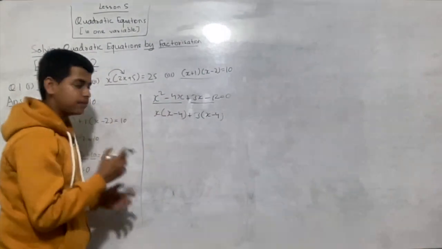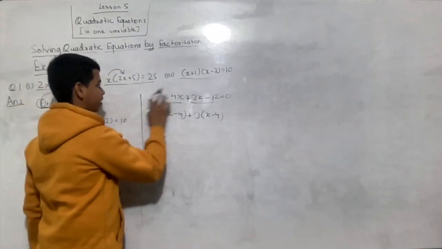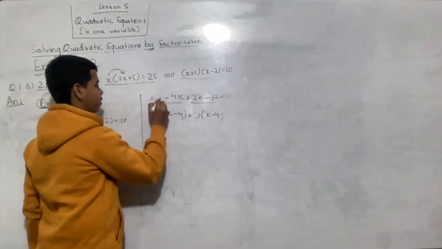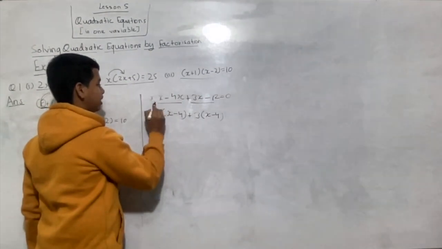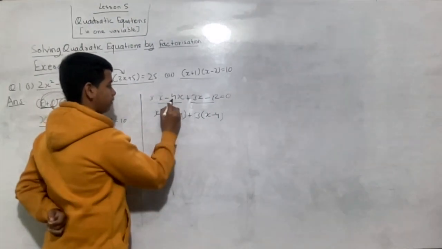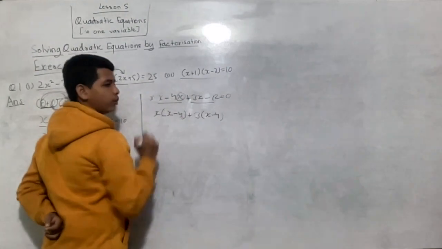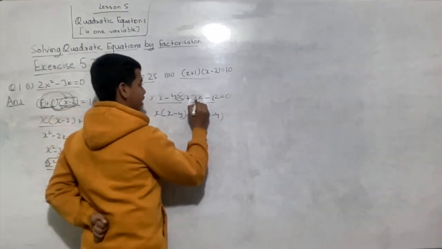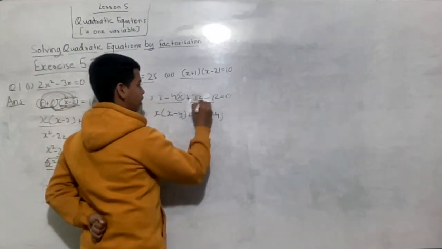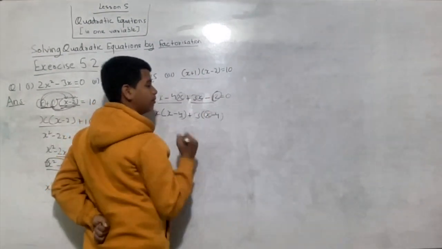I'll explain it: we have taken x out of x square. X square simply means x into x. Now there are two x's and we have taken one x out of it, so we get x. Here it was 4 into x, so we have taken out x, then we get 4. Here we have taken out 3 from 3x, so we got x here, and we have taken 3 from 12.